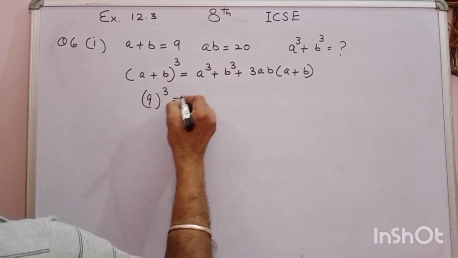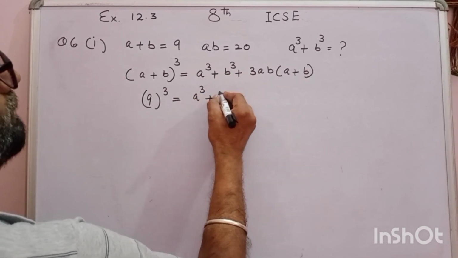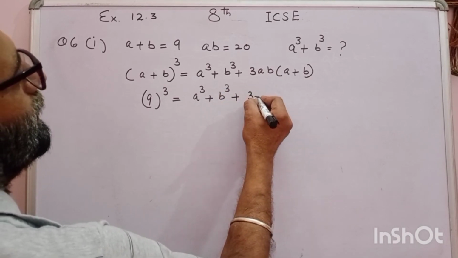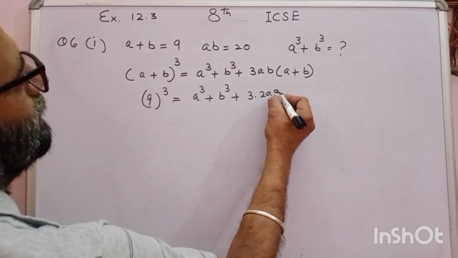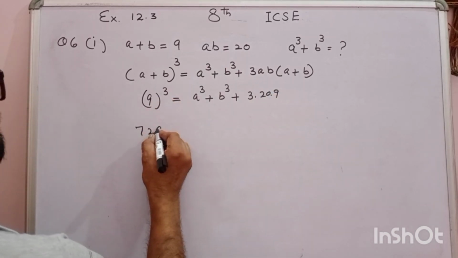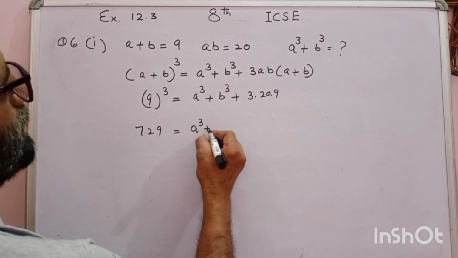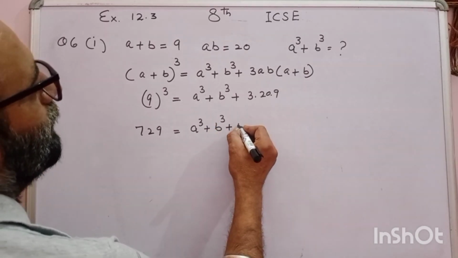is equal to a³ + b³ we have to find. We will write as it is, plus 3ab, 3 into 20 into (a + b), into 9. So 9 cubed, 729, is equal to a³ + b³ + 540.